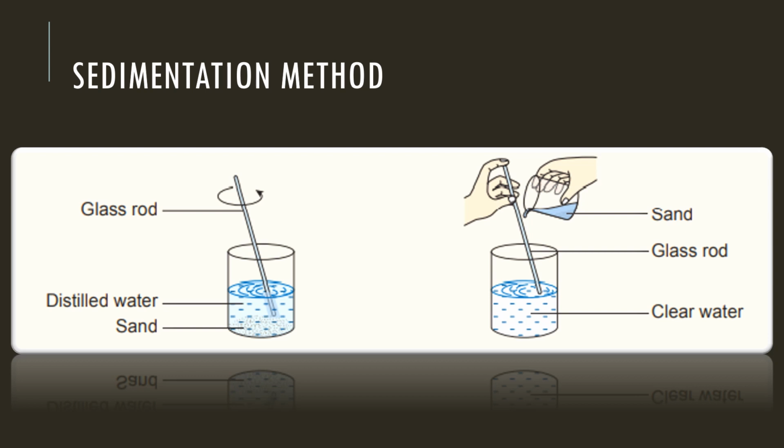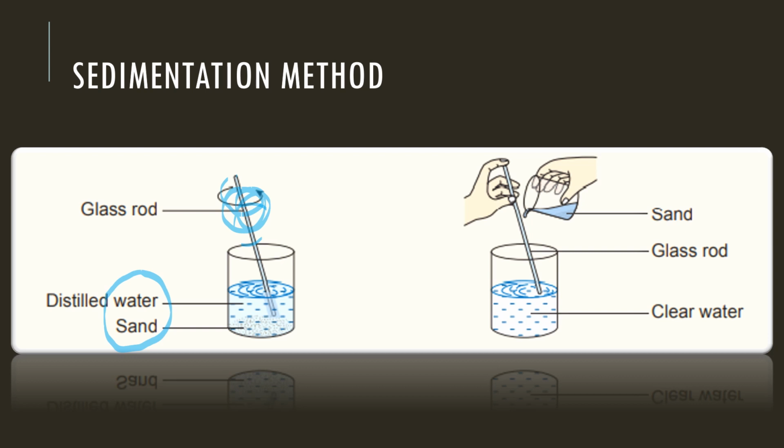Okay, the sedimentation method. The sedimentation method is used to separate a mixture of liquid and insoluble solid. For example, here we have a mixture of water and sand. Even if you stir the mixture, the sand is not dissolved in water, so you can separate it by using sedimentation.